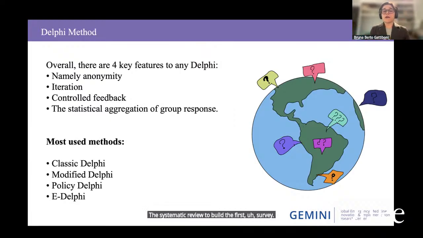The Polish Delphi is used when you don't necessarily need to reach a consensus among the specialists, but your goal is to collect data from these specialists, and this could be the first step for other research. The eDelphi is the classic Delphi, but done by internet.